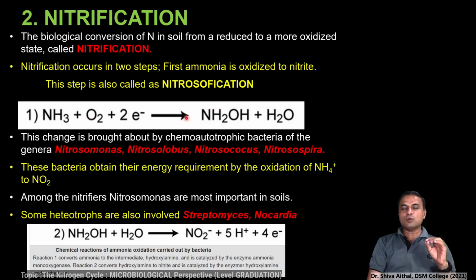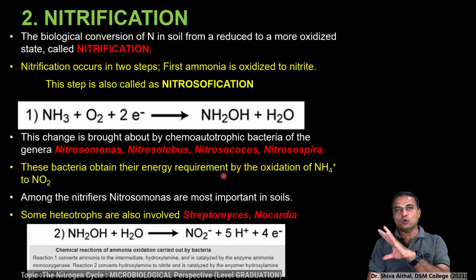This change is brought about by chemoautotrophic bacteria, which utilize chemicals as their energy source. The prime names of the bacteria which carry out this nitrosification are Nitrosomonas, Nitrosolobus, Nitrosococcus, Nitrosospira. You can see their names predominantly start with Nitroso.